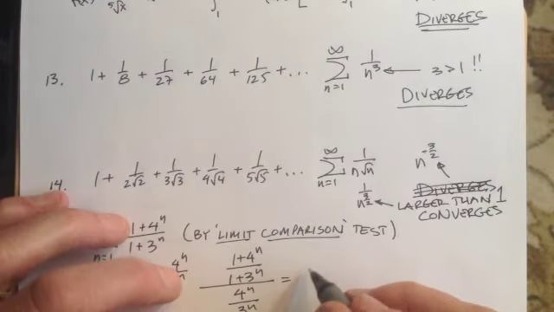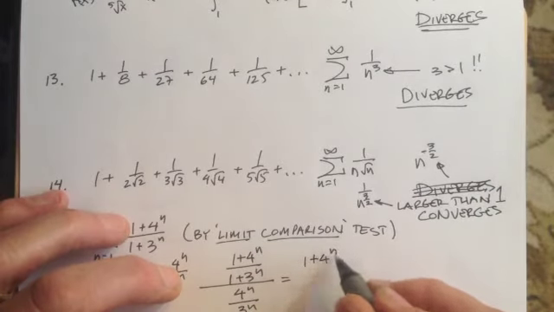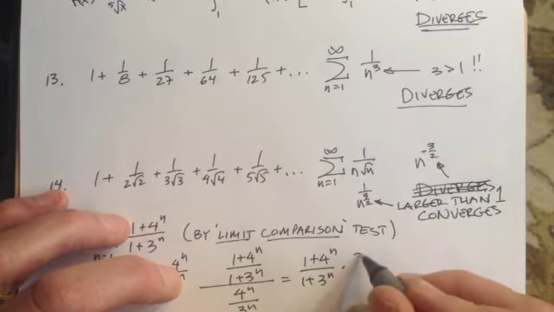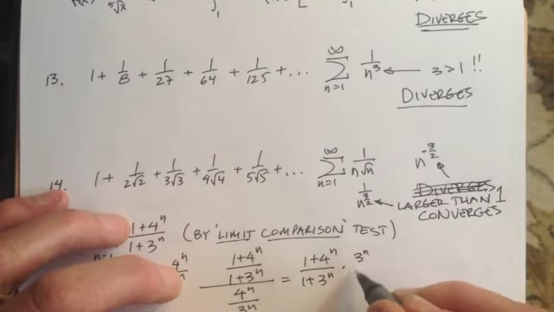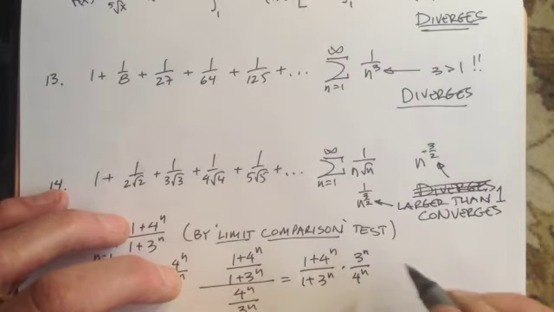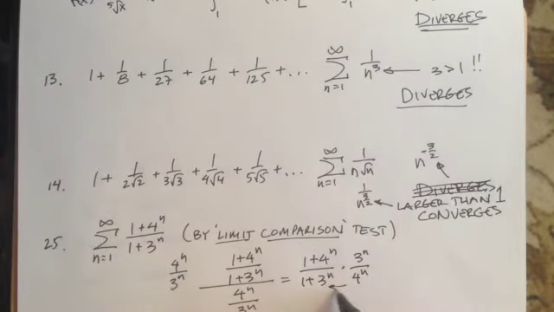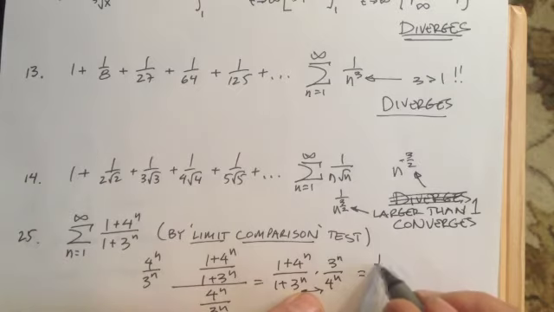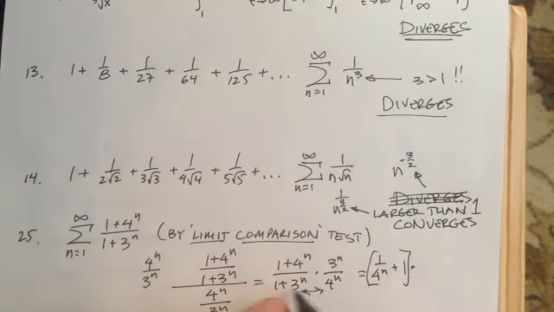Okay, what does that equal? Well, I just flip the fraction. I should have saved myself the time writing this. And I flip that to be 3 to the n over 4 to the n. Then I can swap these, and divide this into that and into that. And so this becomes 1 over 4 to the n plus 1, that's the numerator. And then times, now I've got 3 to the n over 1 plus 3 to the n when I've swapped places.